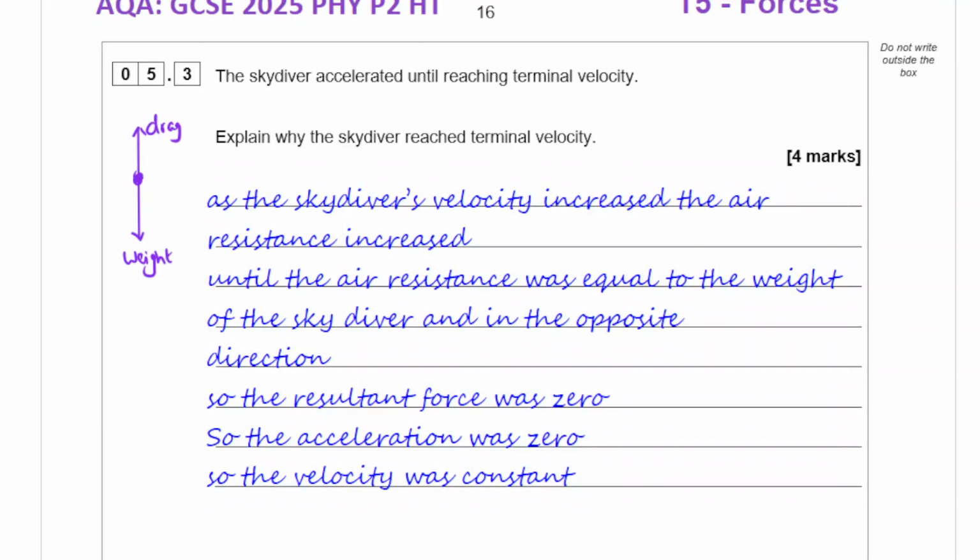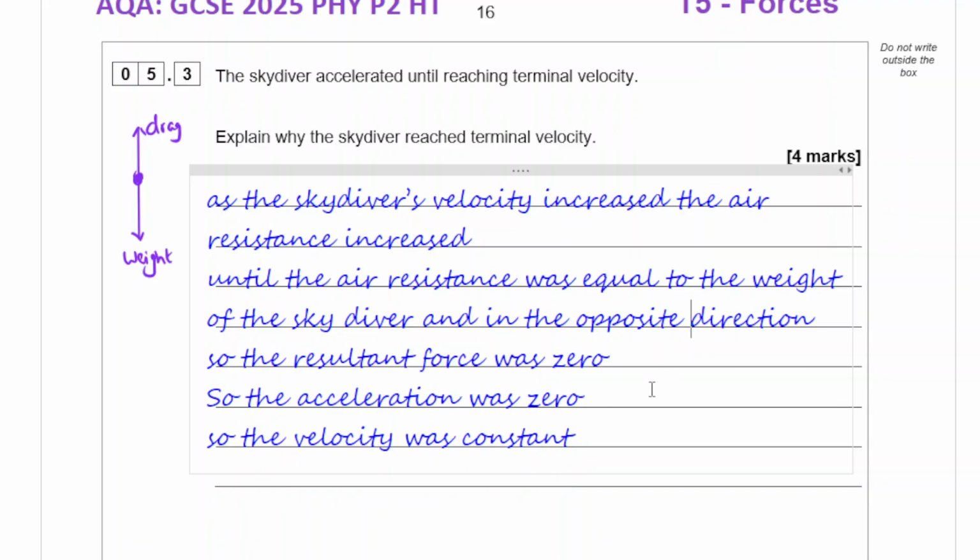As the skydiver's velocity increased, the air resistance increased until the air resistance was equal to the weight of the skydiver and in the opposite direction. So the resultant force was 0 and the acceleration was 0, so the velocity was constant.